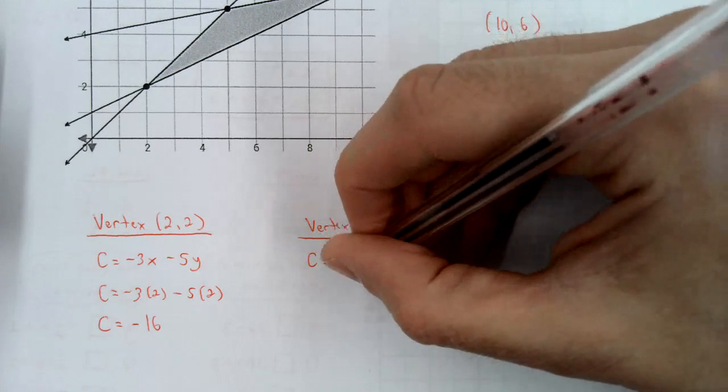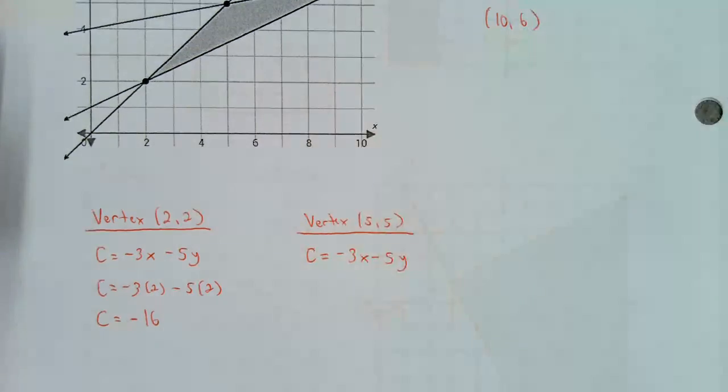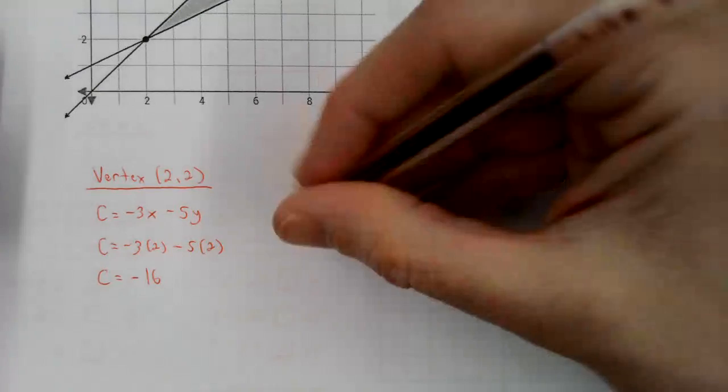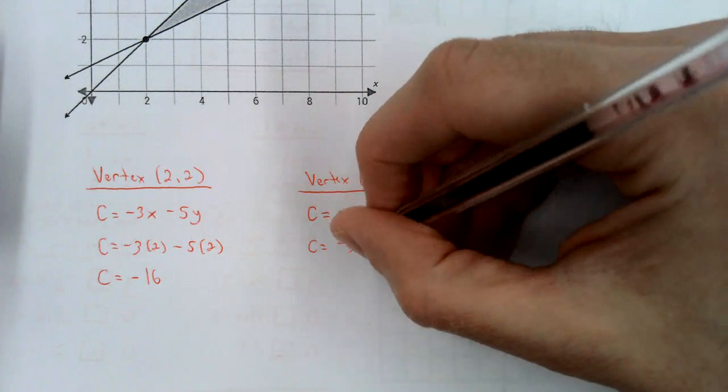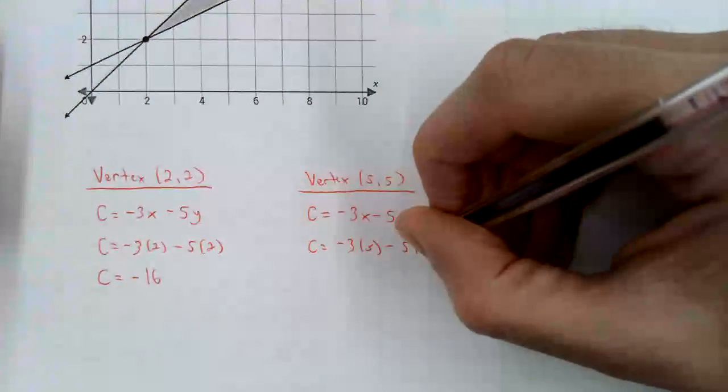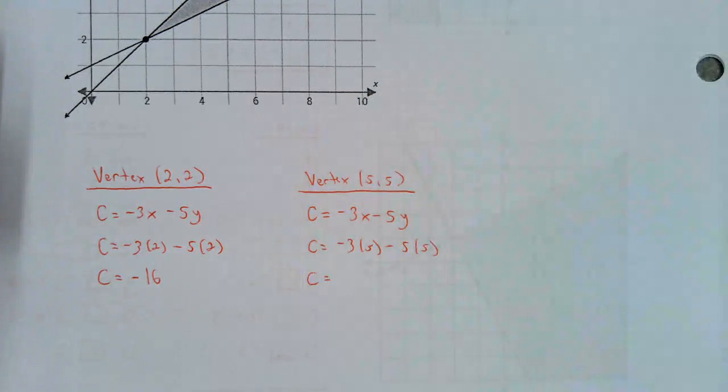Negative 3x minus 5y. So negative 3 times 5 minus 5 times 5. Okay, so that's going to be negative 15 minus 25. So that's going to be negative 40.